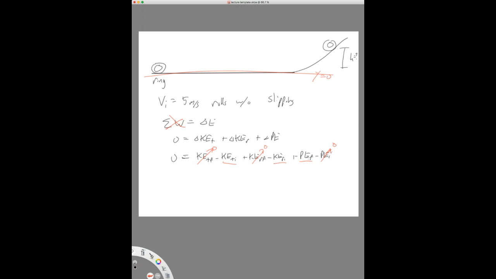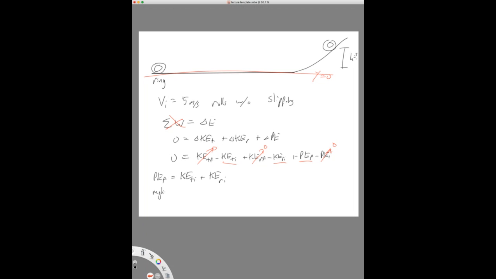So we're going to keep the potential energy on one side and move the kinetic energies to the other side. So notice I moved the kinetic energies to the opposite side. They had negative signs, so they become positive.